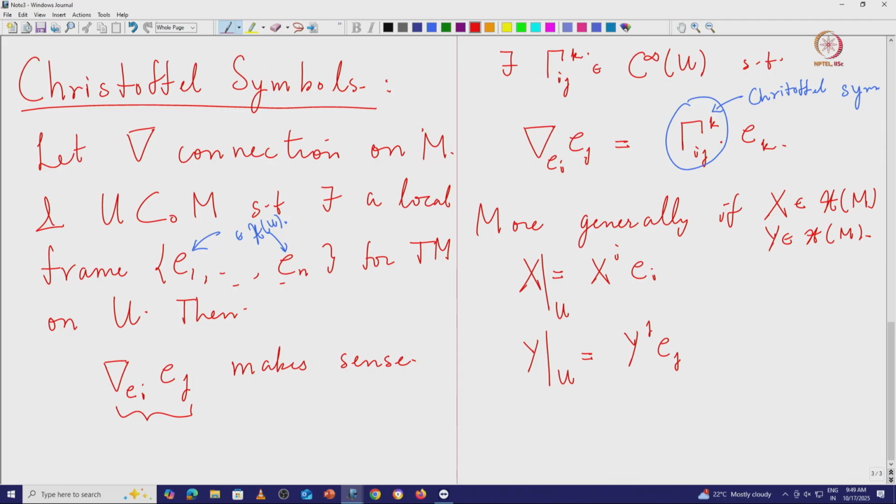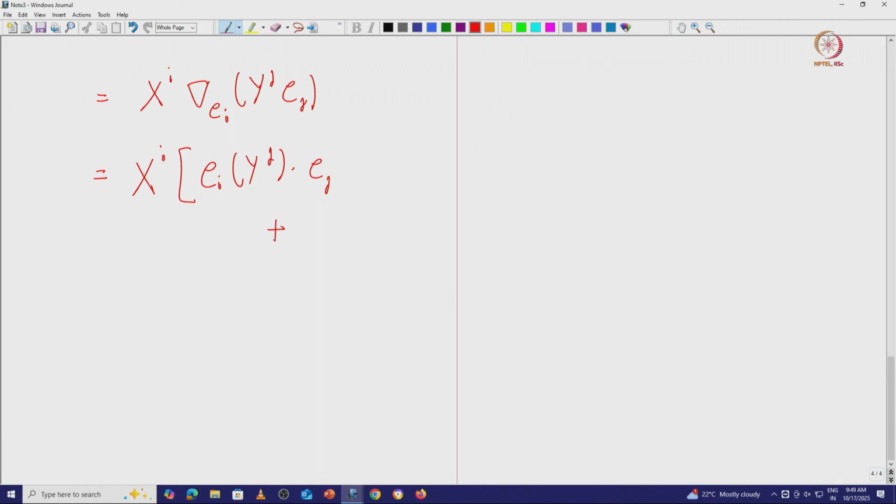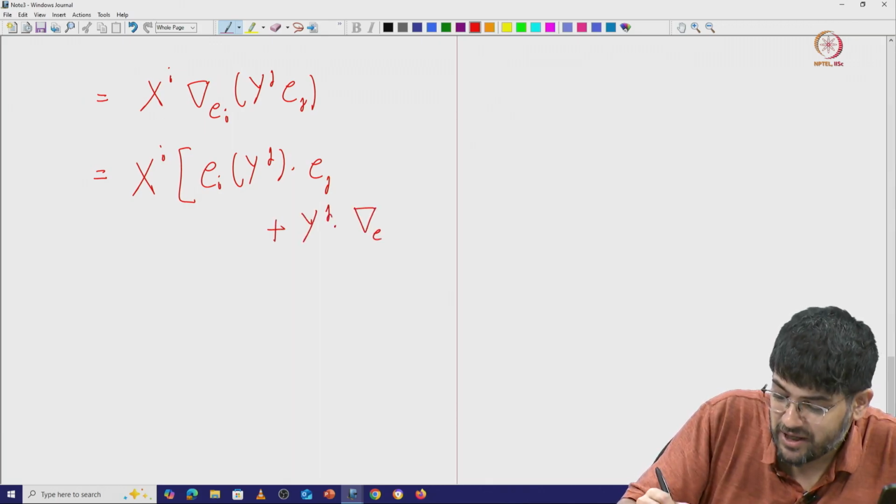Then you can try to compute what this is. Well, this is just nabla_{X^i E_i} of Y^j E_j, but now we use the properties of being a connection, namely it's C infinity linear in X and it satisfies a Leibniz rule in the Y variable. So if you simplify, this is going to be X^i nabla_{E_i} of Y^j E_j, which is going to be E_i applied to Y^j times E_j plus Y^j times nabla_{E_i} E_j.